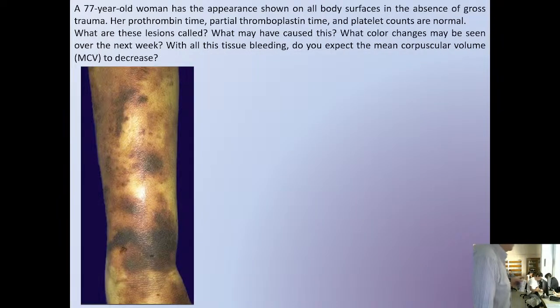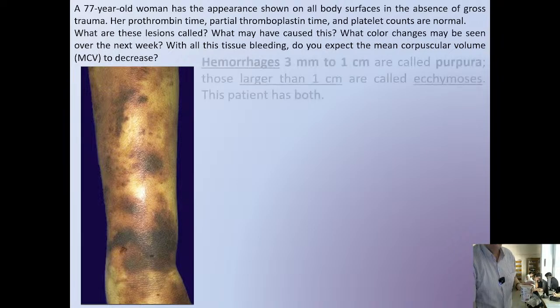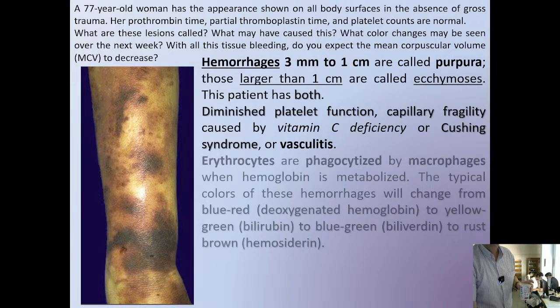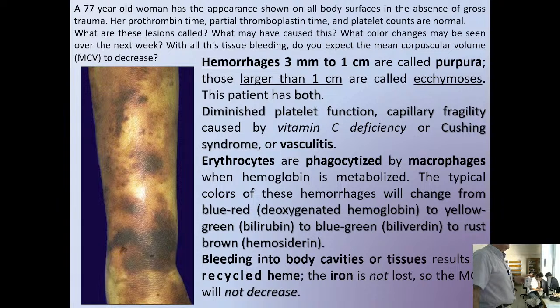These are very big. When they are large enough, they are called ecchymoses. When they are not so large, they are called purpura. In any case, all the hemorrhage is not followed by a loss of Fe, how is it called? Iron. So there is no lack of iron.